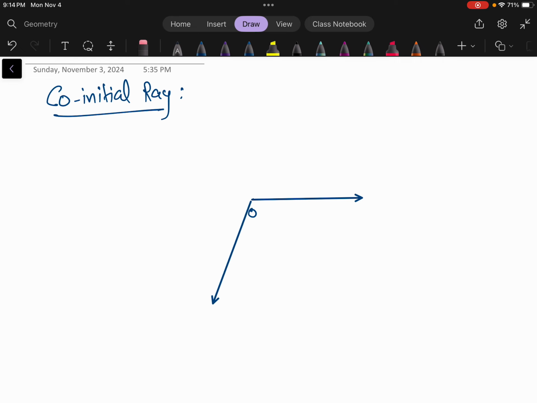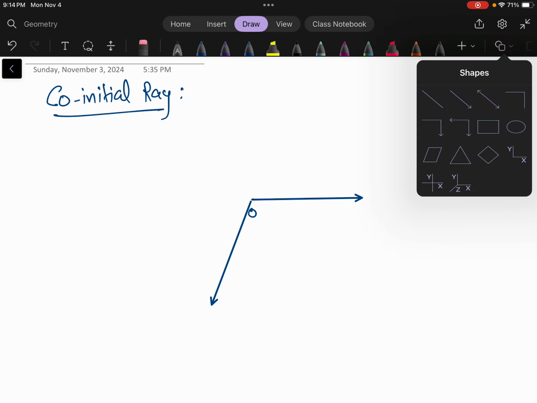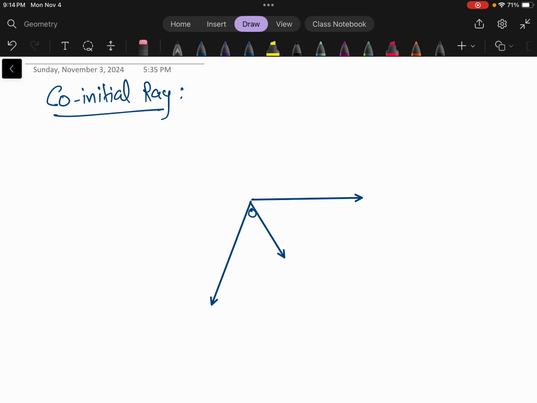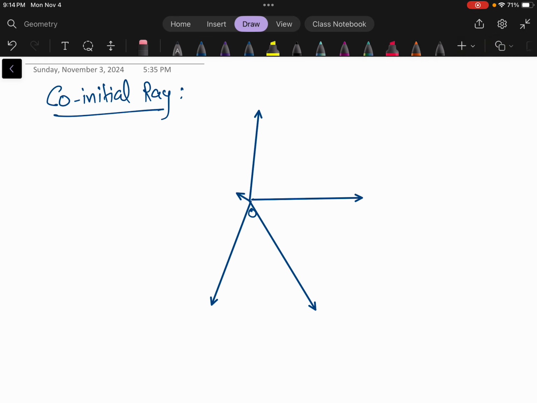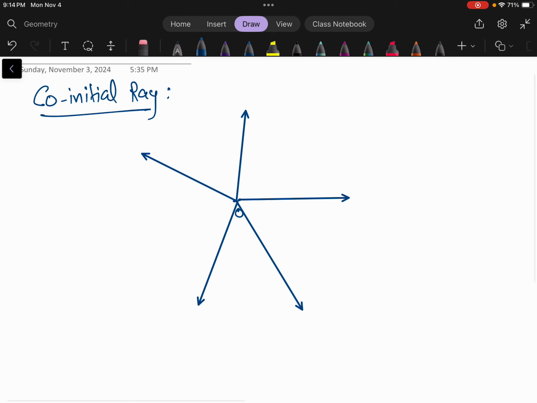Any other ray that is starting from this point O, let's take another ray whose origin point is the same O. Let's take another ray over here, and a few more rays. So this ray, this AB, let's assume this is C, this is D, this is E, and this is B.